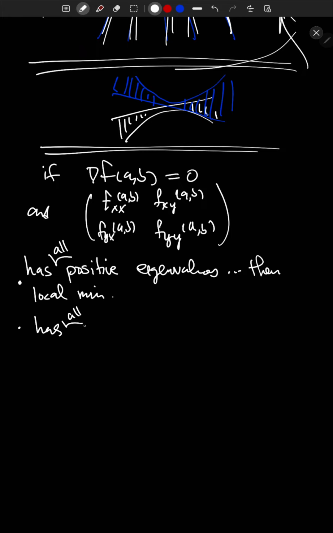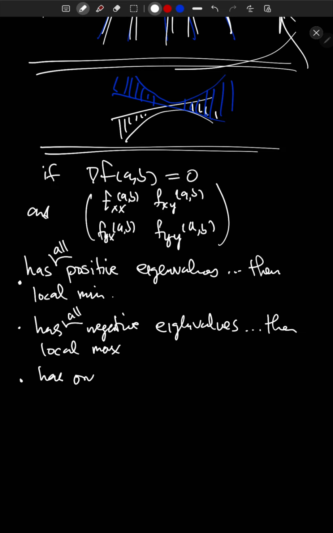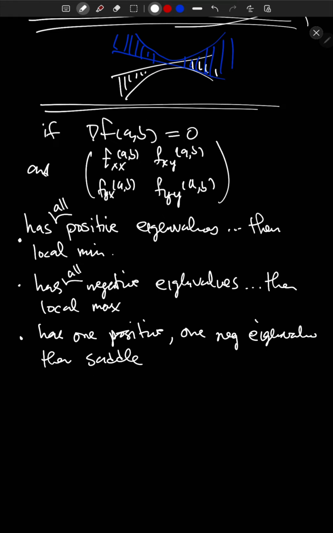If it has all negative eigenvalues, so there are two of them again, if they're both negative, then it's a local max. If it has one positive and one negative eigenvalue, then it's a saddle.